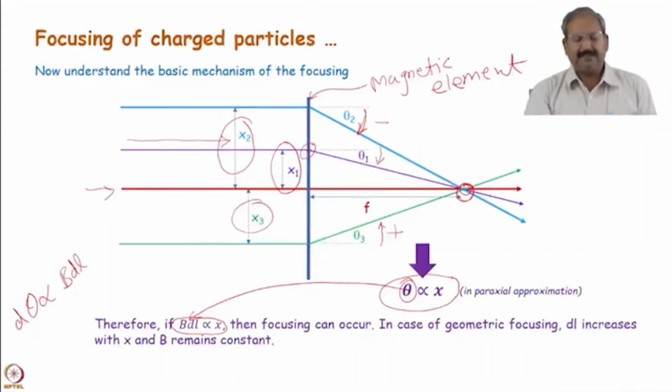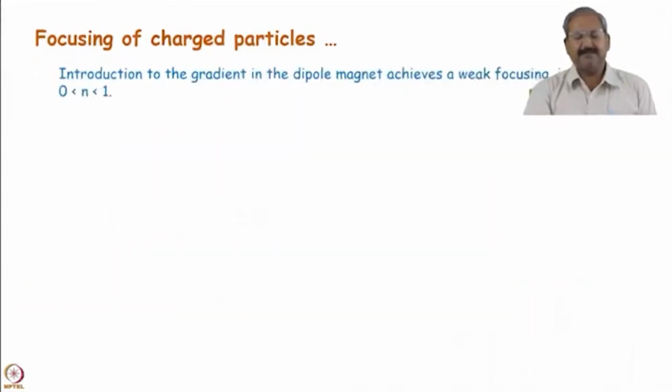In geometric focusing, B was fixed because that is the dipole magnet, so that was constant over the space. However, the length which the trajectory passes through the magnetic field is different for different initial displacement, and that different dl or l leads to focusing.